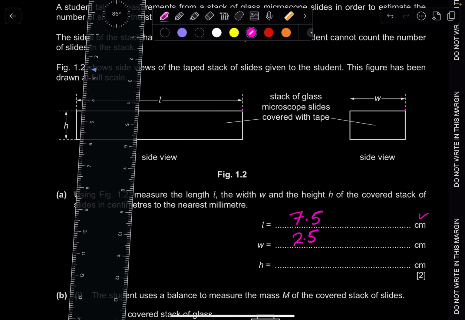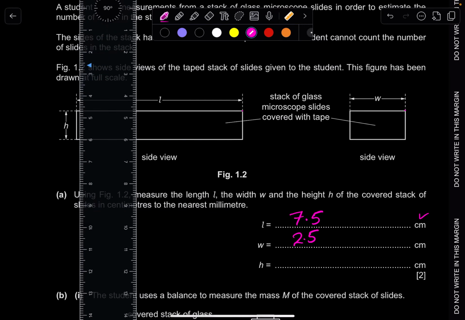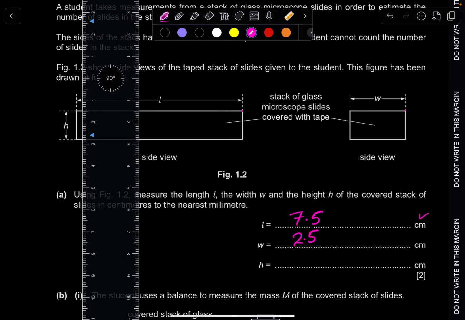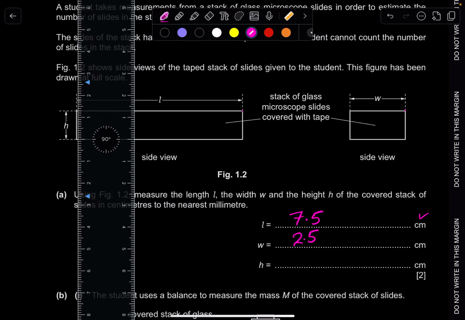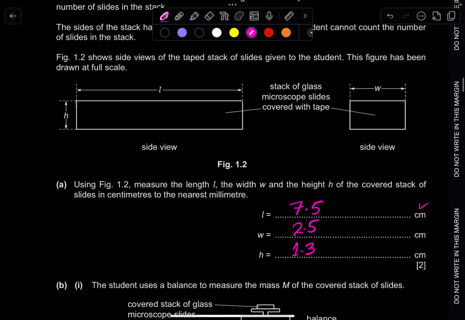For height, you have to place the scale exactly perpendicular, with zero of the scale on one side of H, and it's 1.3 centimeter. Okay, so we are done with the measurement.